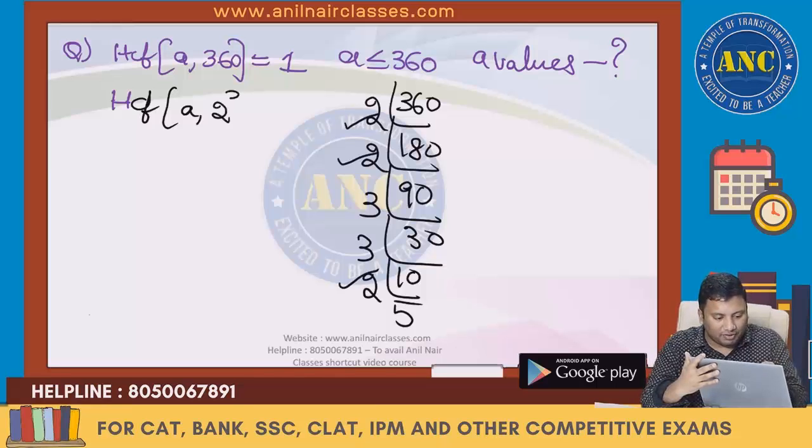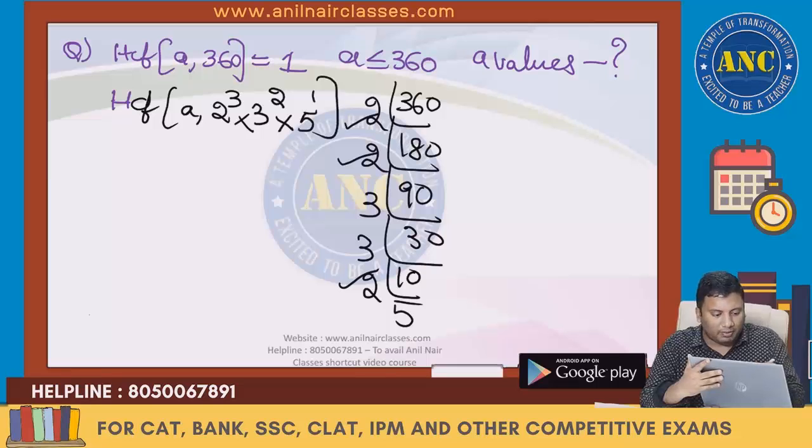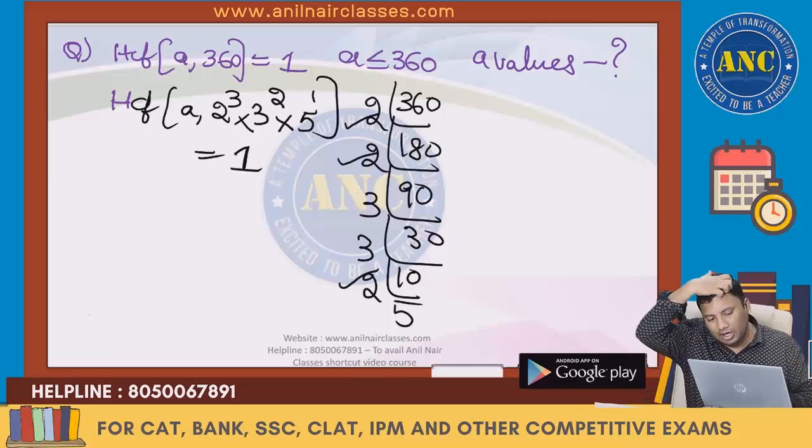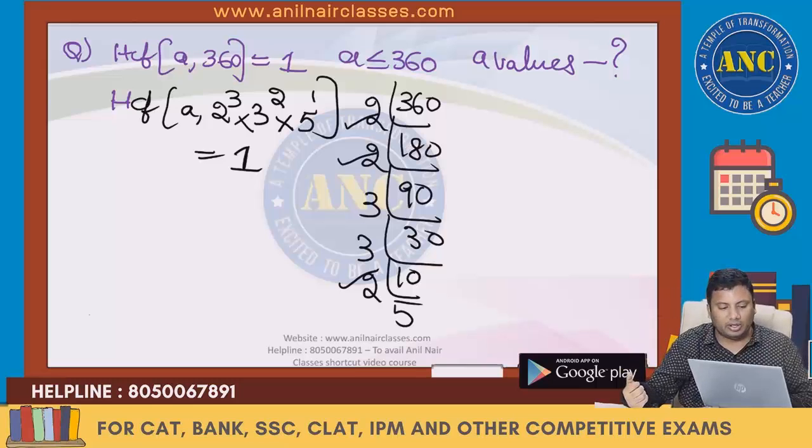So 360 is 2 cube into 3 square into 5 power 1. HCF of A comma 2 cube into 3 square into 5 power 1. You don't need to do anything.